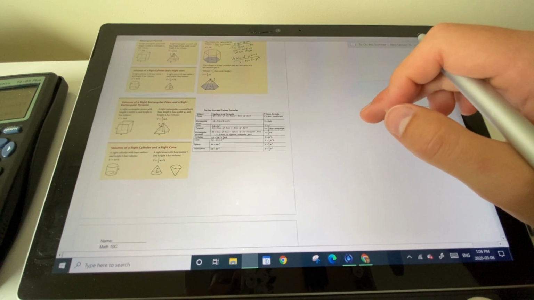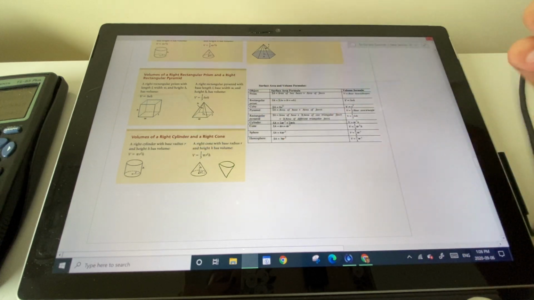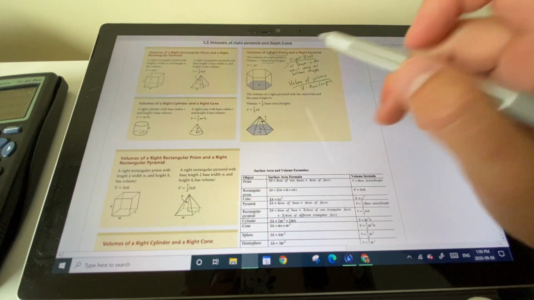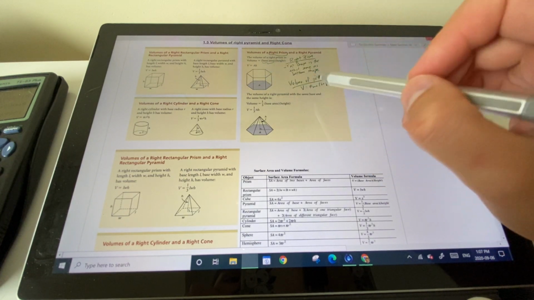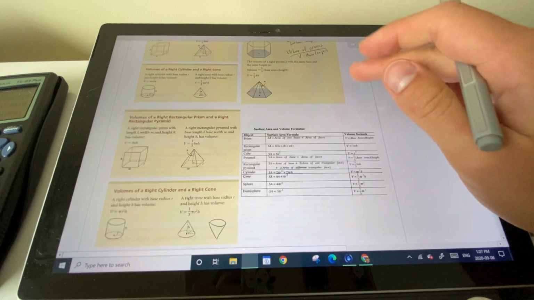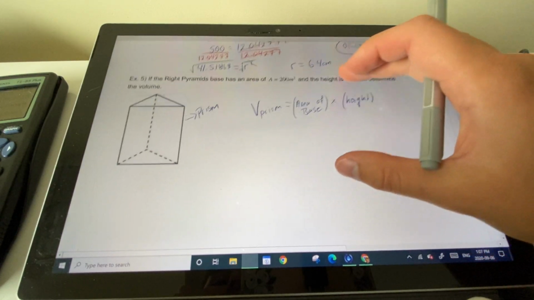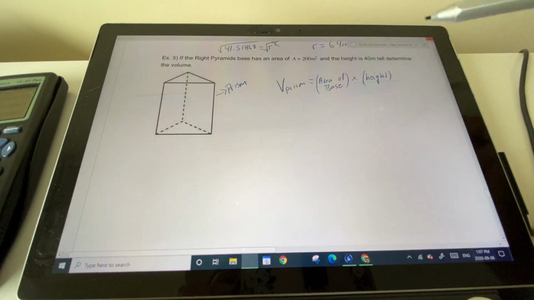So if you go up here, remember that's what we talked about. Anything where it's a right cylinder, a right rectangular prism, so on and so forth. Anytime we're dealing with the same shape, bottom and top, it's the area of the base multiplied by the height. So it's not really on your formula sheet, it's just something you got to remember, but it's not super hard to remember. Is the top shape the same as the bottom shape?